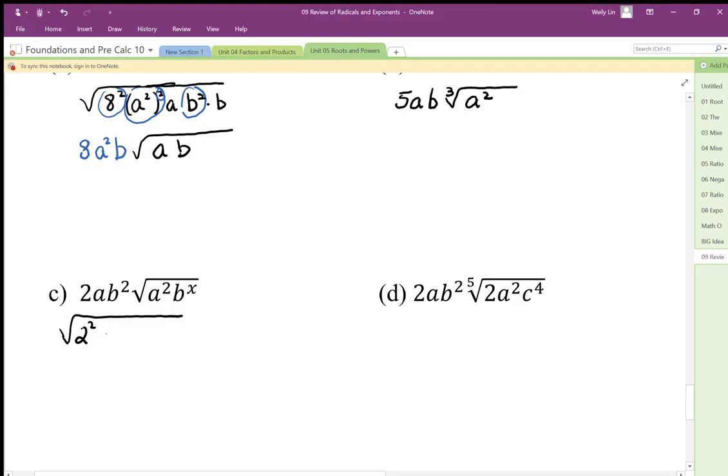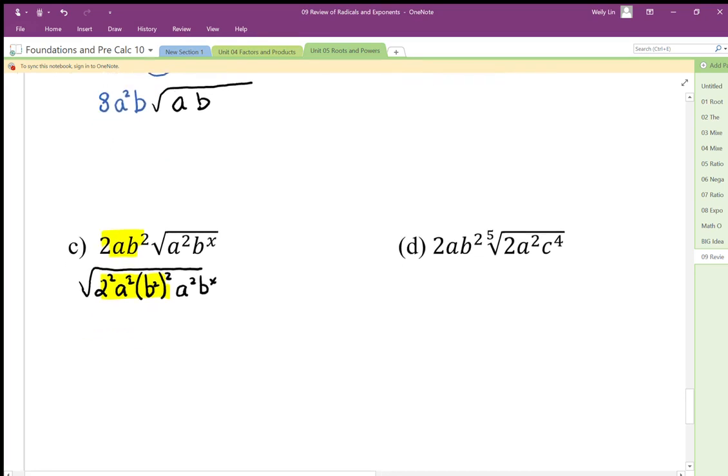A squared under the square root is the same as a, and b squared is the same as b. So all those parts on the outside show up as squares on the inside. We have our a squared, b to the power x as well that we'll have to deal with.